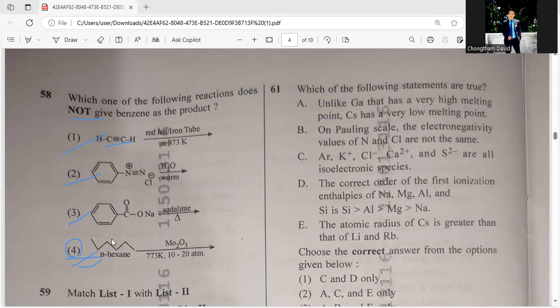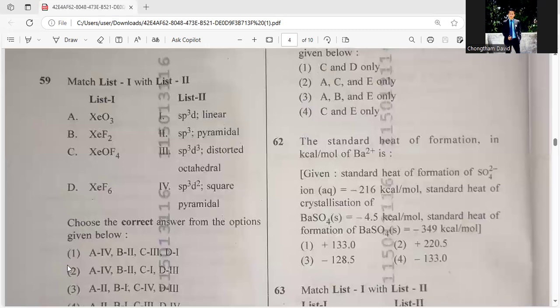Question number 59. Let us match the correct. This is based on your chemical bonding, shape, and hybridization. So pyramidal geometry is for xenon trioxide because it has sp3, and xenon difluoride will be linear because it has sp3d. You find the hybridization by using the formula: half of valence electrons plus monovalent atoms minus charge in the cation plus anionic charge.